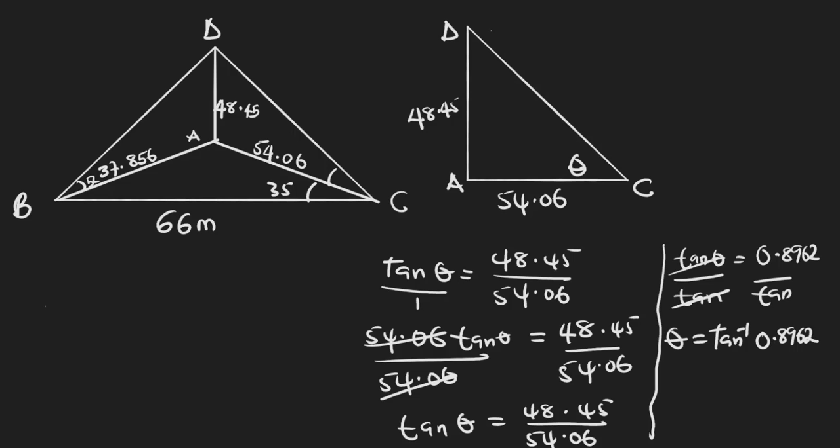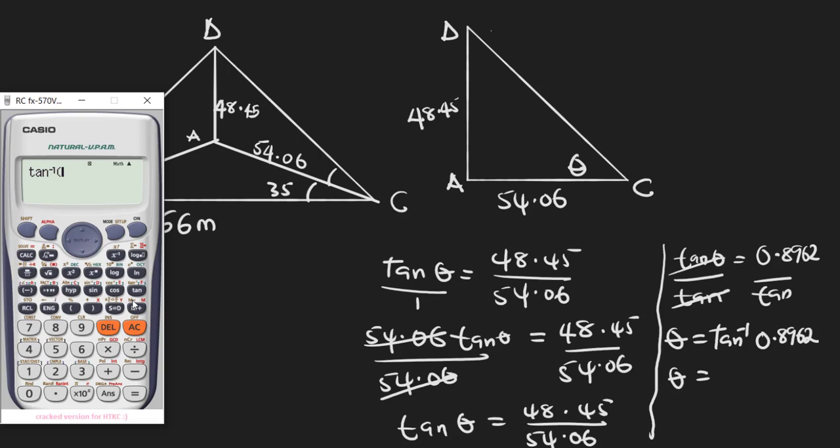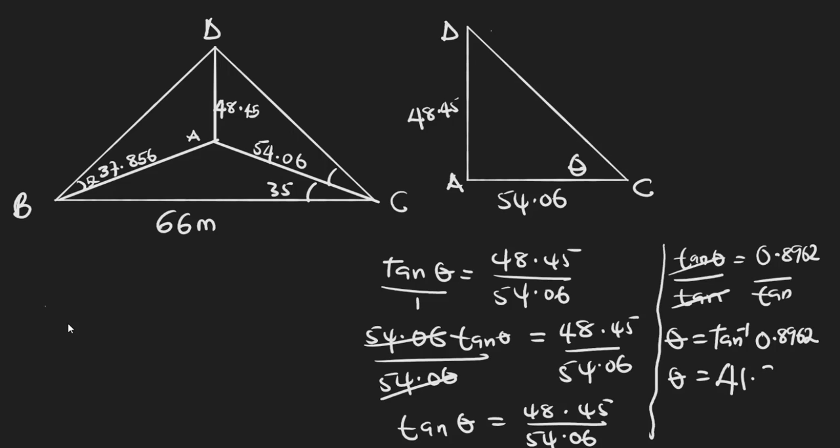To get tan inverse, we use the calculator, shift tan, of 0.8962. We get 41.8667. So our theta is 41.8667 degrees.